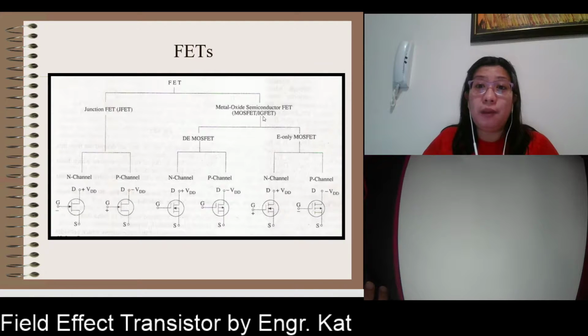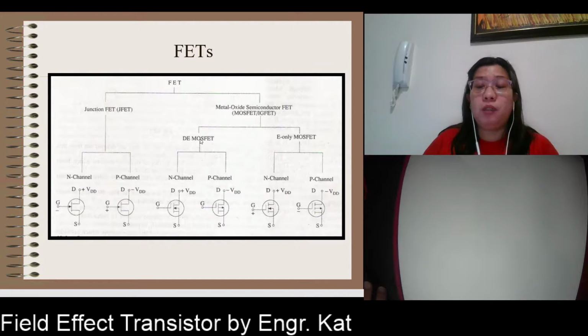What does IGFET stand for? IGFET stands for insulated gate field effect transistor. As we later discuss their physical characteristic, we will see why it is called an insulated gate field effect transistor.